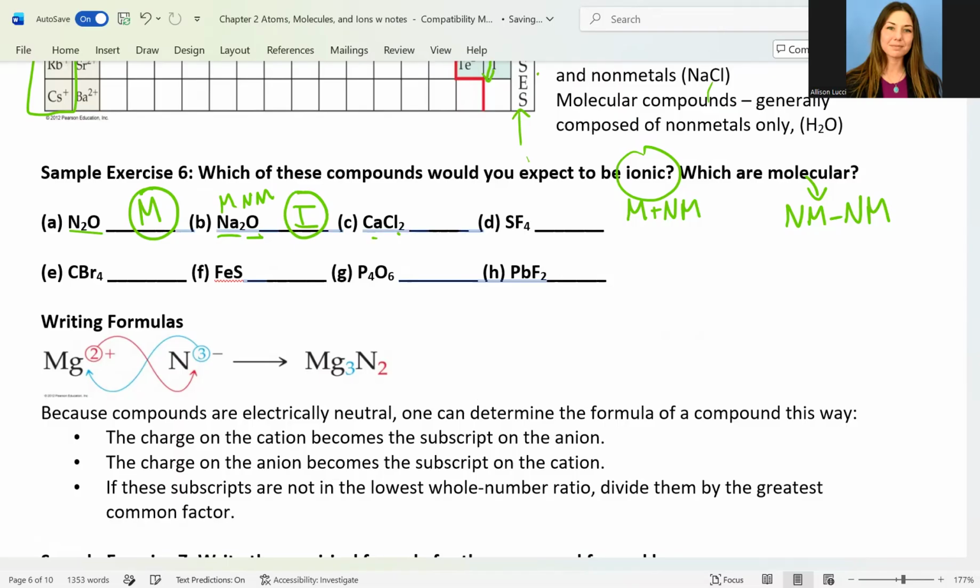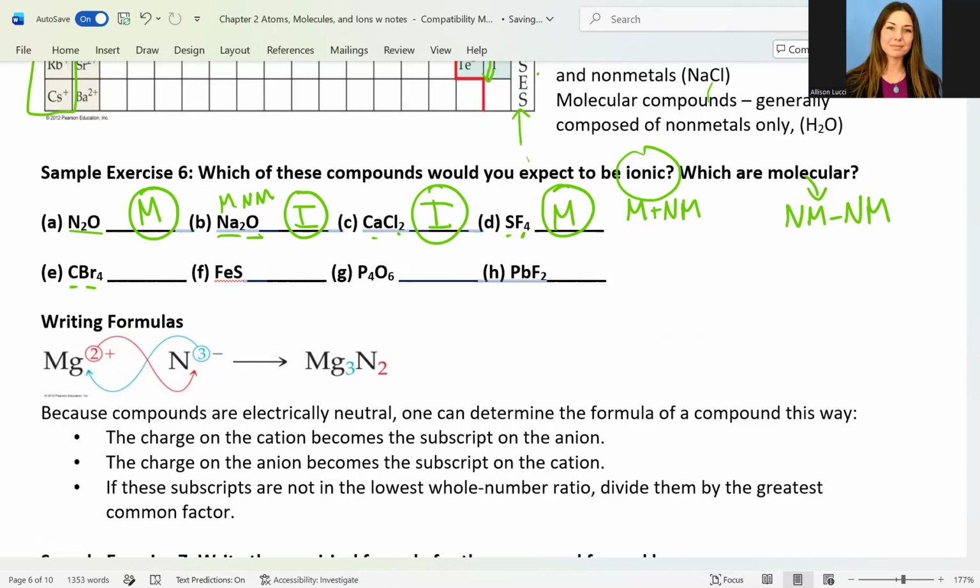Calcium and chlorine, we get calcium chloride, which would be a metal and nonmetal, an ionic compound. Next, we have sulfur and fluorine. Sulfur tetrafluoride is a molecular compound because they're all nonmetals. In the second row here, we have carbon and bromine.